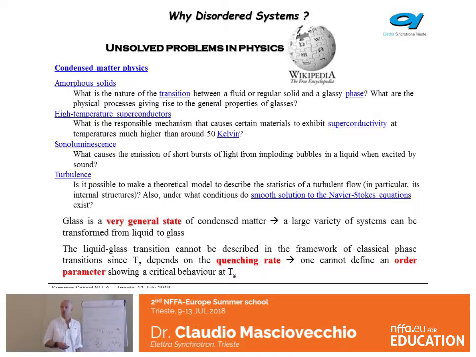And moreover, if you take liquids or glass forming systems, those systems are very interesting, because, for example, you cannot frame the phase transition in the classical framework of phase transition, because you cannot find an order parameter which has a critical behavior at the glass transition.